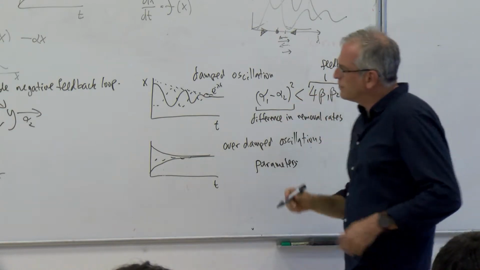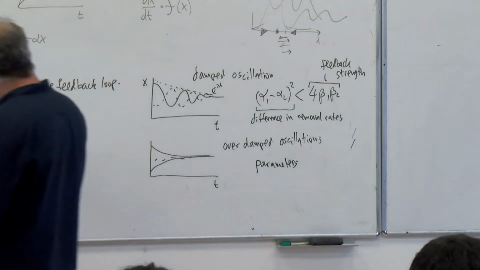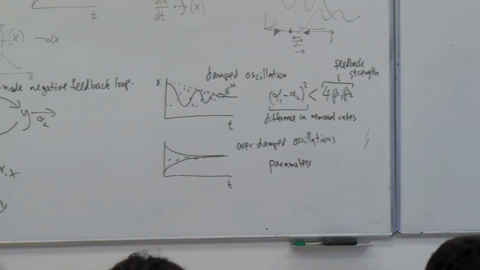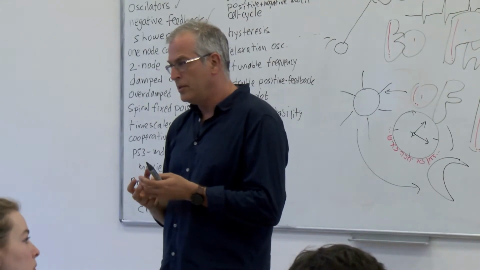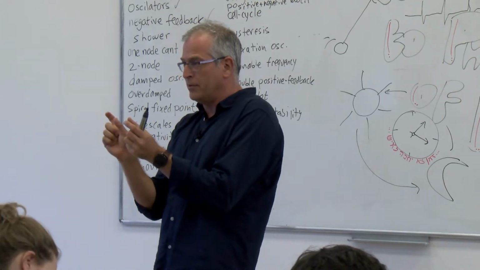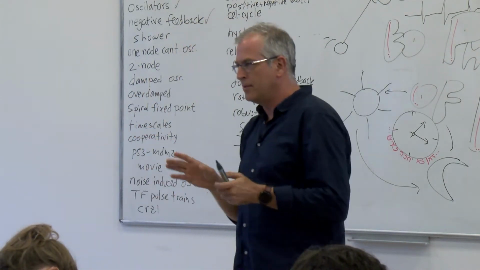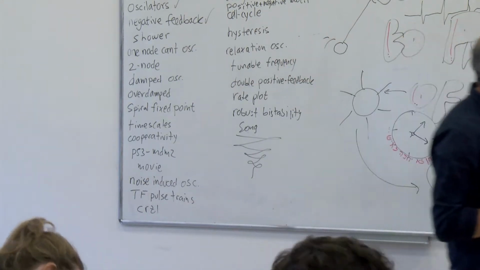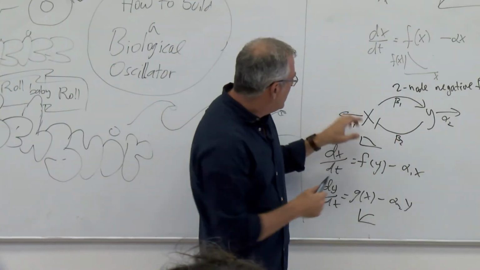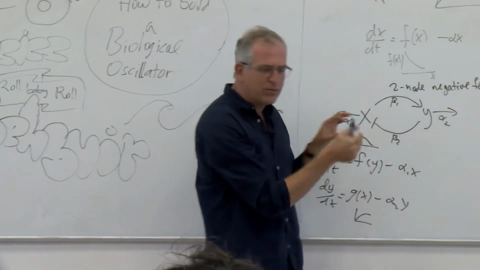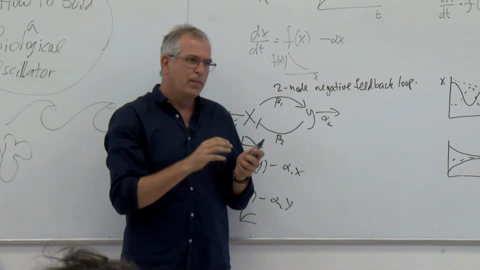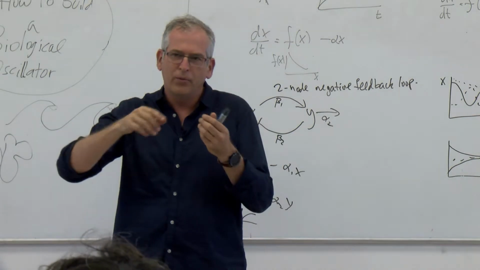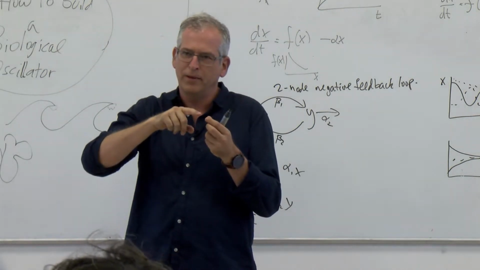So in order to get oscillations, and this is going to make a lot of sense, we need the two timescales of x and y to be similar. If alpha 1 equals alpha 2, you always get damped oscillations in this circuit. Why is that? Because if one of these x's responds much faster than the other, we can basically forget about it, and we have a single node negative feedback.